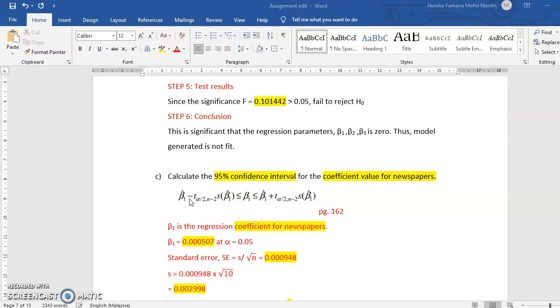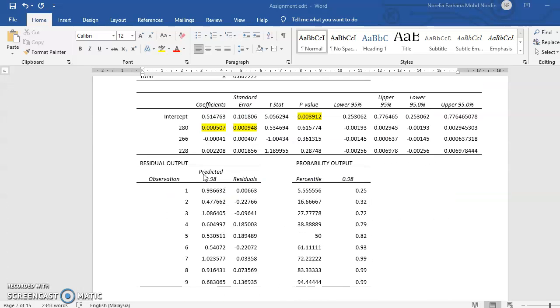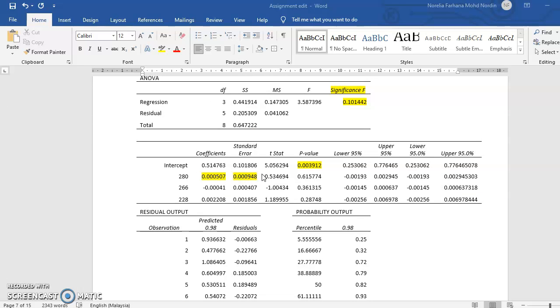Dalam formula ni, beta 1 minus critical t value times standard deviation of beta 1. So, for standard deviation, kita boleh dapat daripada standard error. Standard error ni dapat daripada summary output. Okay, ni value dia.